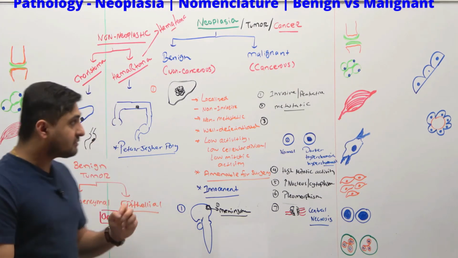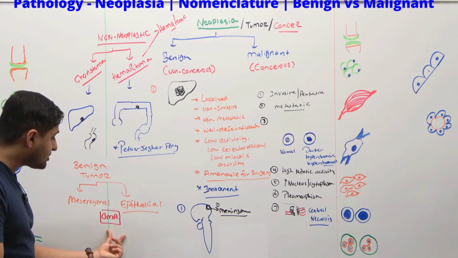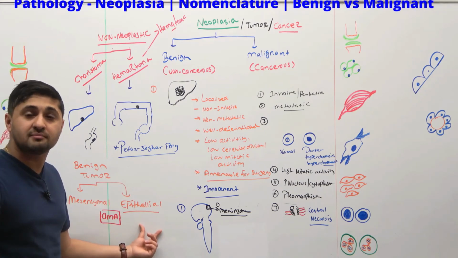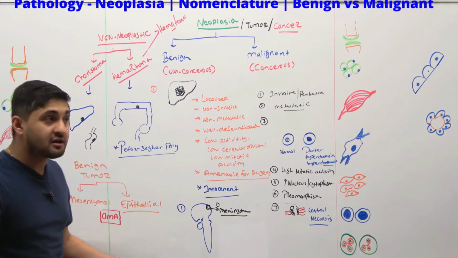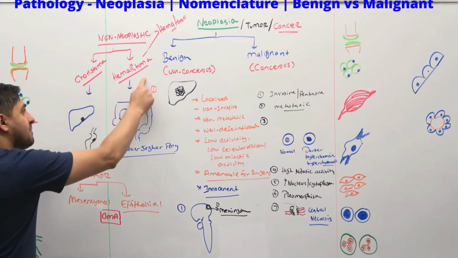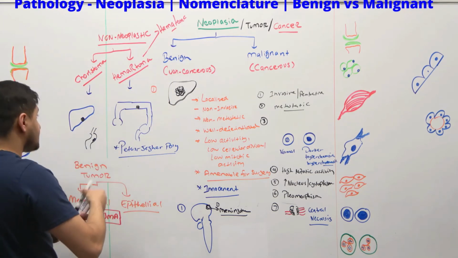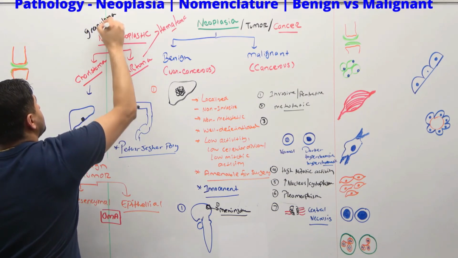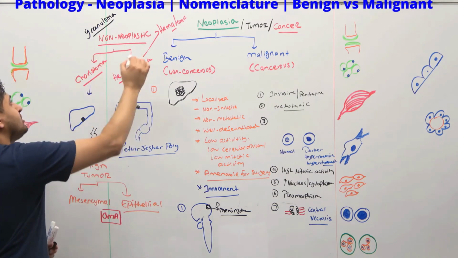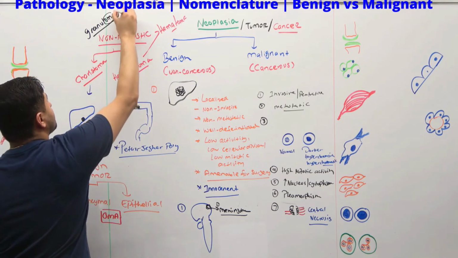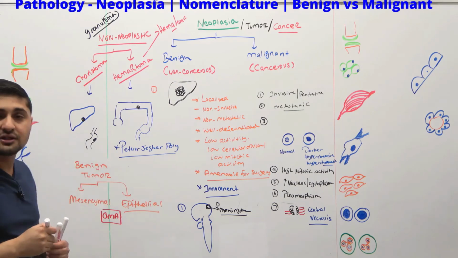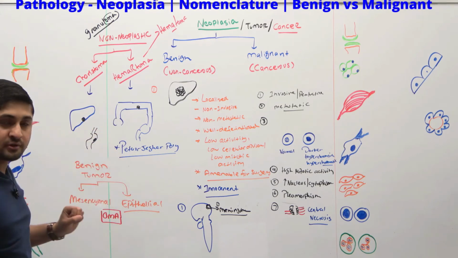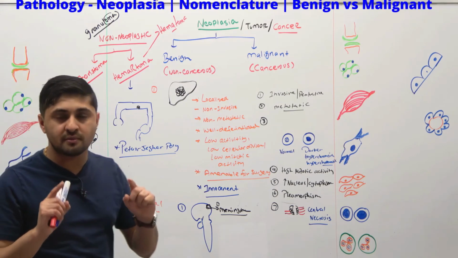And there are some with "oma" that are non-neoplastic, like choristoma, hematoma, and even granuloma. So you have to know some of these. They are non-neoplastic, but they have the suffix "oma" at the end, and still they are not classified as benign tumors. So there are exceptions, and you need to remember them.